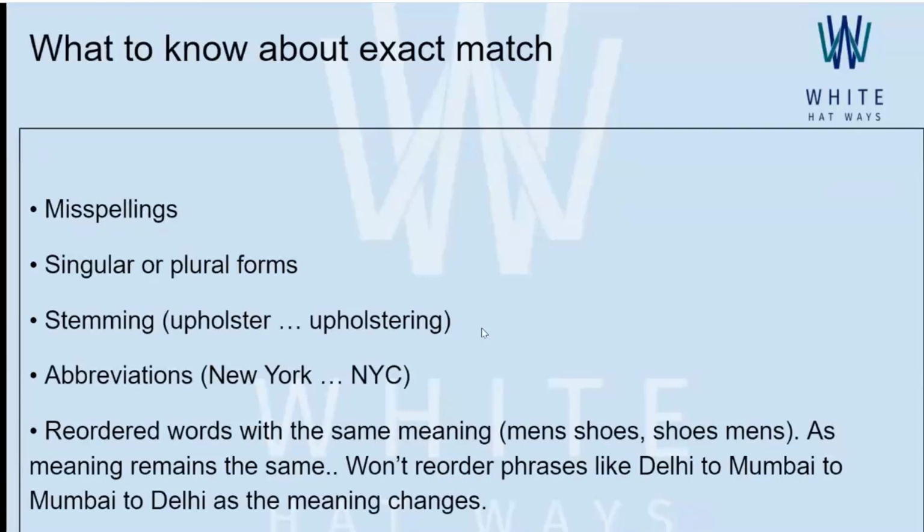So moving on to the next slide, what to know about exact matches? Misspellings. As I told you, Google has still given these kinds of keywords a freedom, which is to the advantage of Google only. And you know the reason why. If somebody has misspelled, let's say learn digital marketing is my keyword, and somebody has spelled digital as DIGITEL, that query would also get to see my ad, and there are chances that they might even click it.